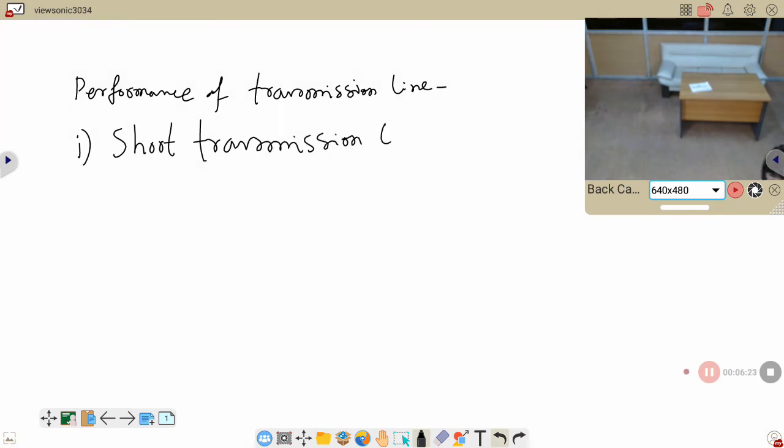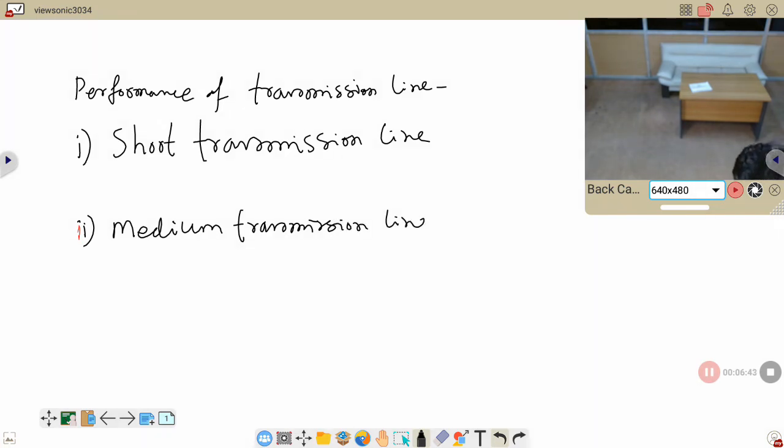Number 2, the medium transmission line. And number 3, the long transmission line.